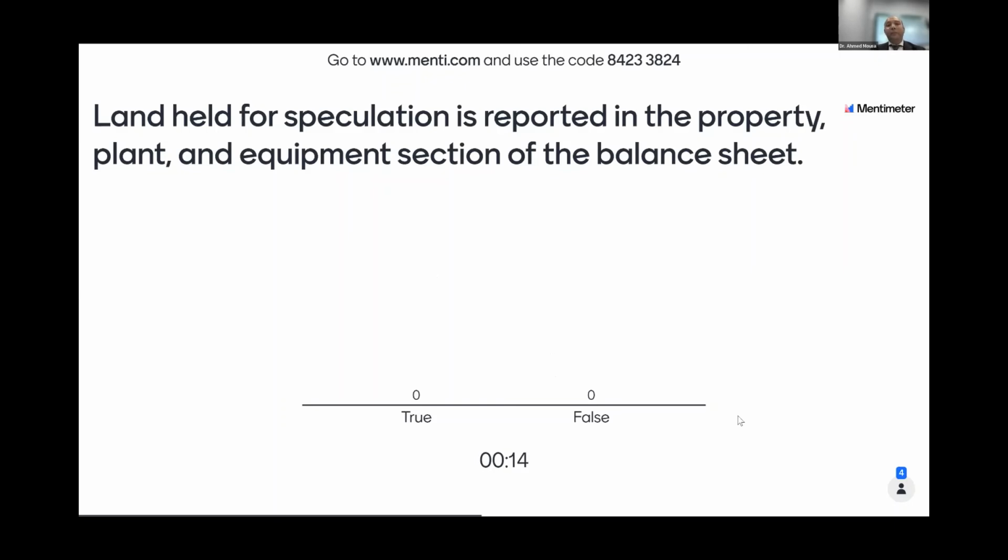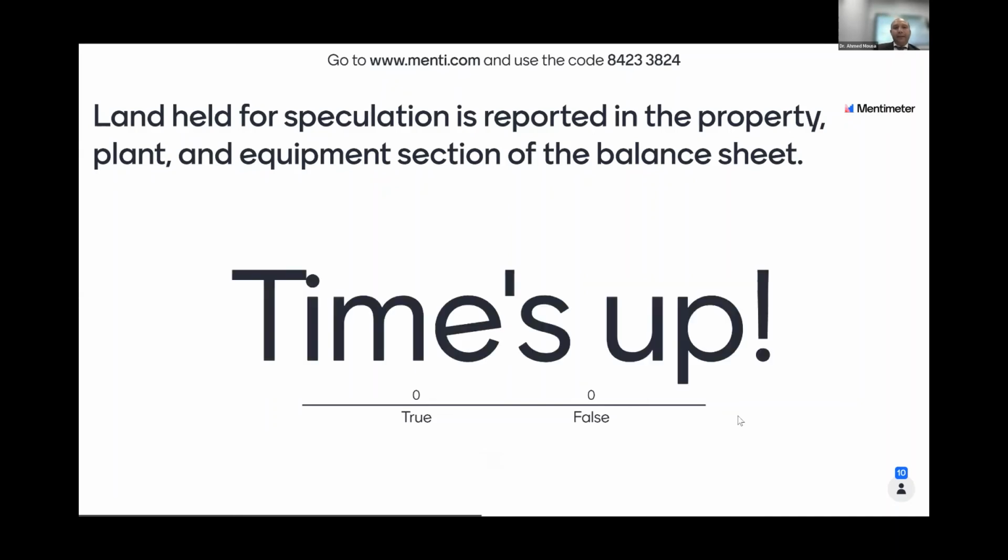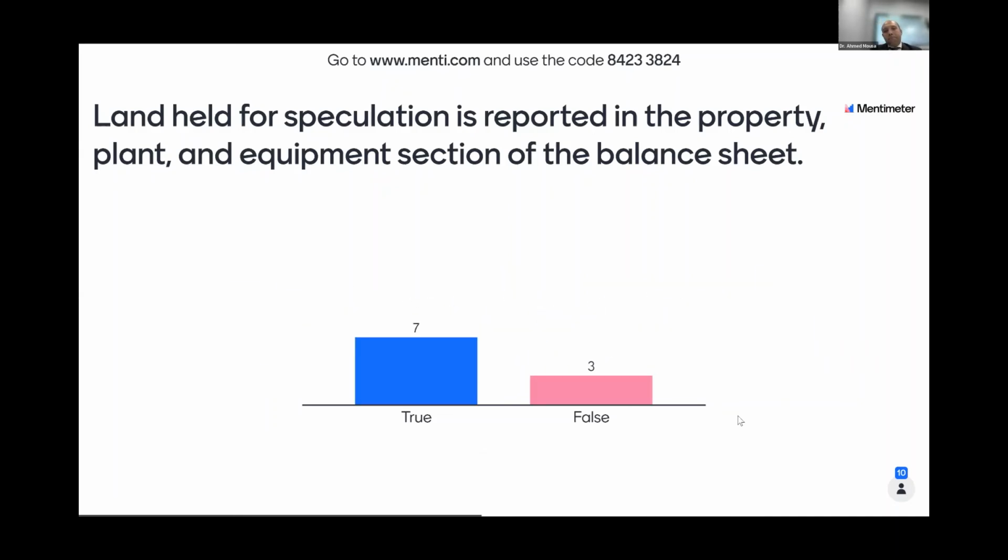Land held for speculation. Is it property, plant, and equipment? If you use it in the operations, it will be yes. But for speculation, you need to make a profit from it, so this is an investment. So it is false. Only 3 know the answer.